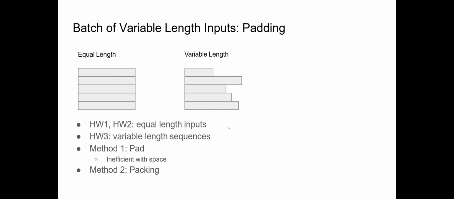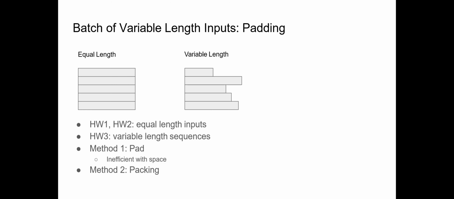So the first MEL spectrogram is this long, the second might be this long, the third might be this long, and so on. We have these variable length sequences, and PyTorch always needs every input's size to be the same. This is what is needed from PyTorch every time.